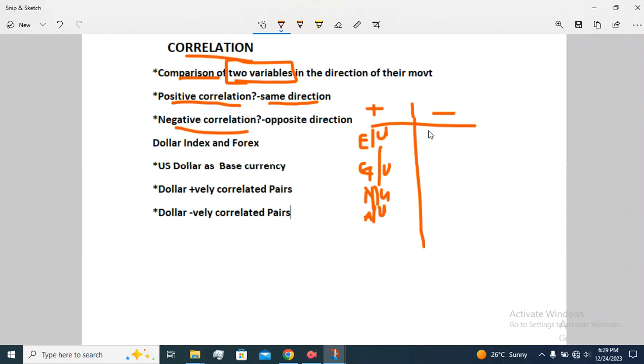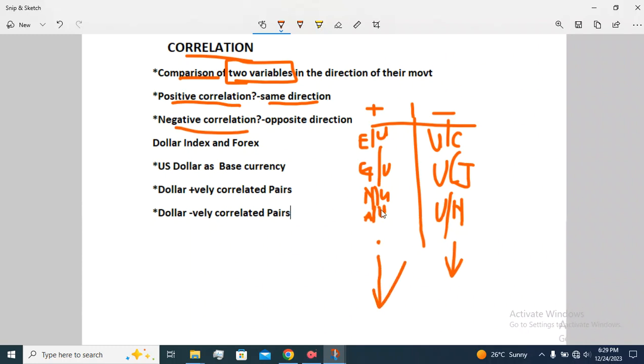And then here we have USDCHF, USDJPY, USDNZD. That is the list we can have, but we have many of them in this row.